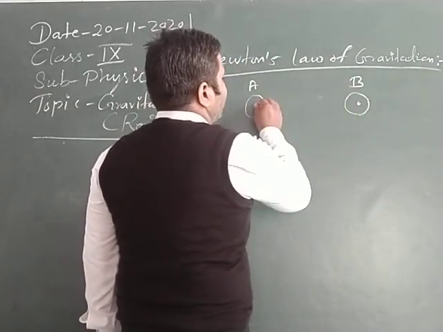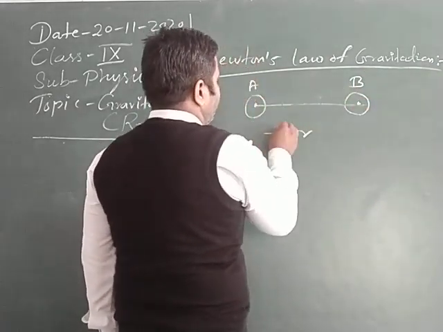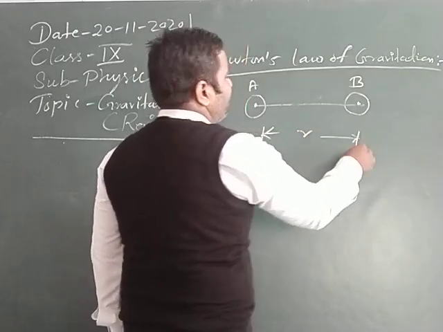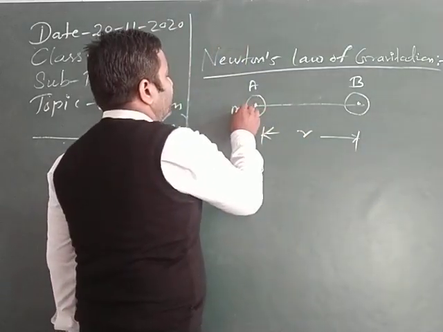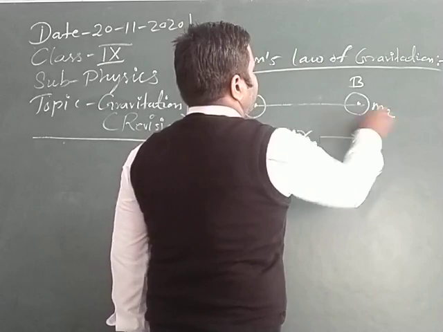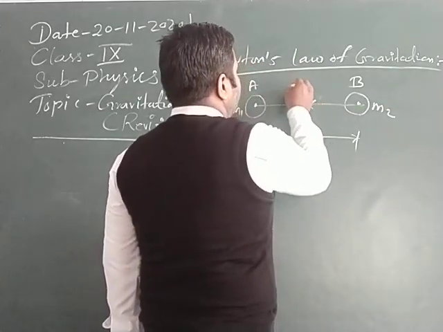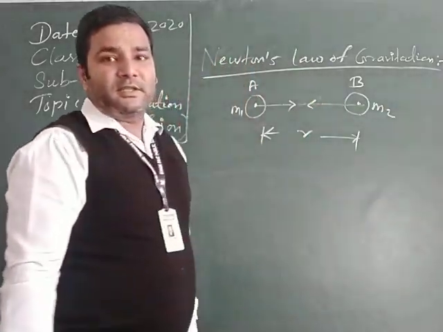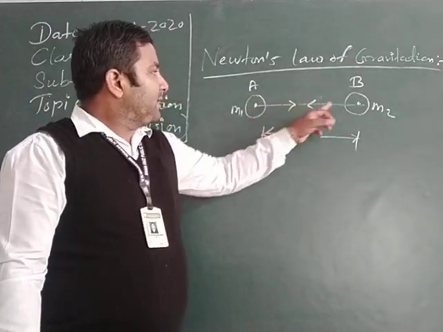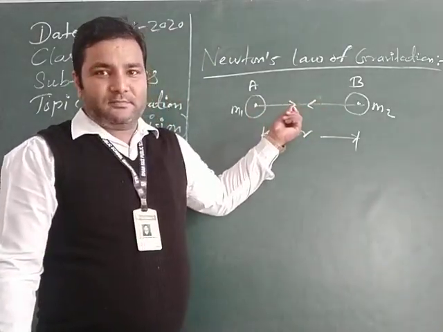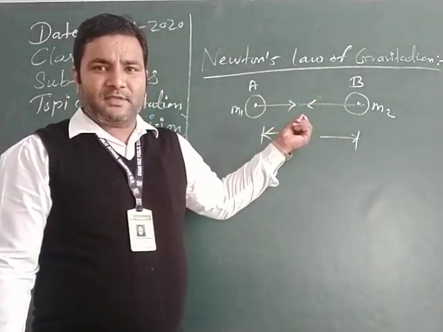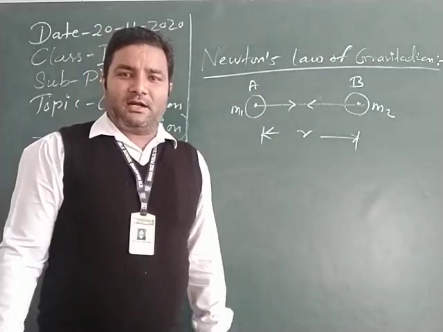Take two bodies, A and B, having masses m1 and m2. Both bodies apply force on each other, and this force has a special nature, that is attraction.